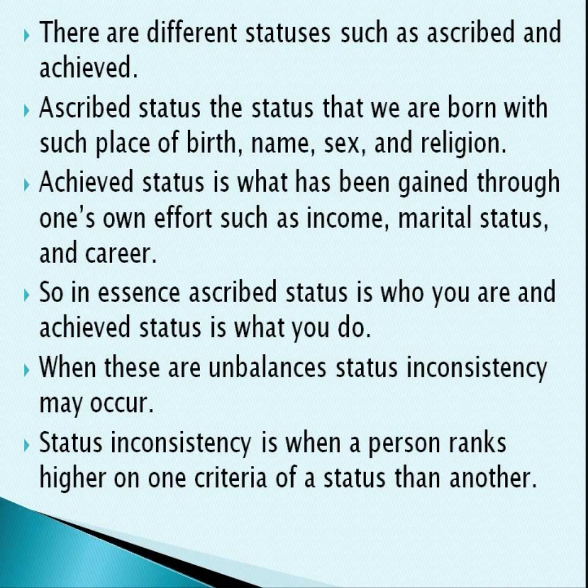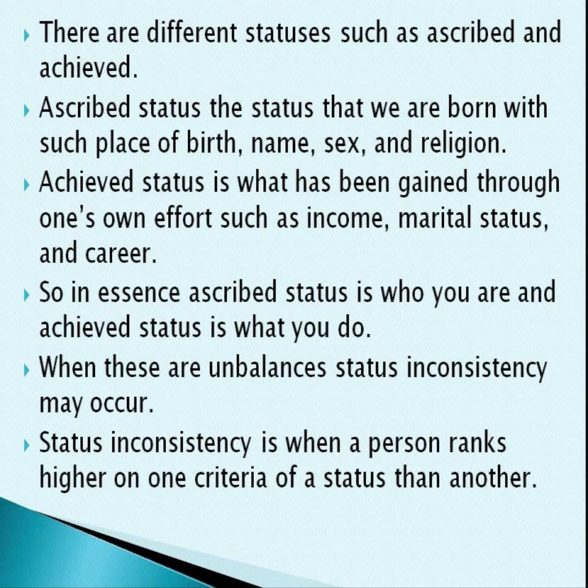There are different statuses such as ascribed and achieved. Ascribed status is a status that we are born with, such as place of birth, name, sex, and religion. Achieved status is what has been gained through one's own efforts, such as income, marital status, and career.